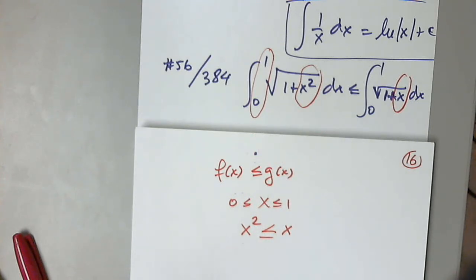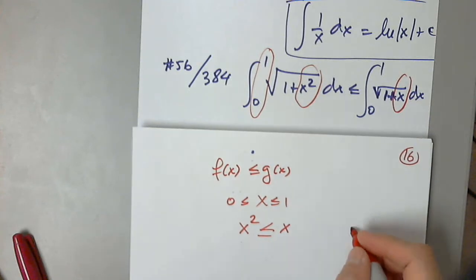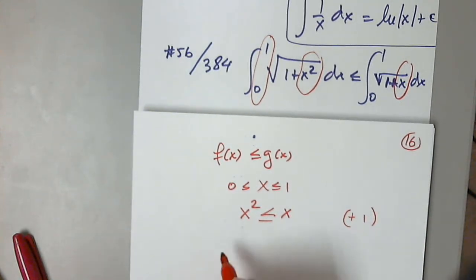What should I do to both sides of this inequality to get closer to what I'm looking for? Add one. Of course, thank you, Eric. So we're adding 1 to both sides. Then 1 plus x squared is definitely less than or equal to 1 plus x. I only added 1 to both sides. Now, I'm going to do something that I normally say don't.